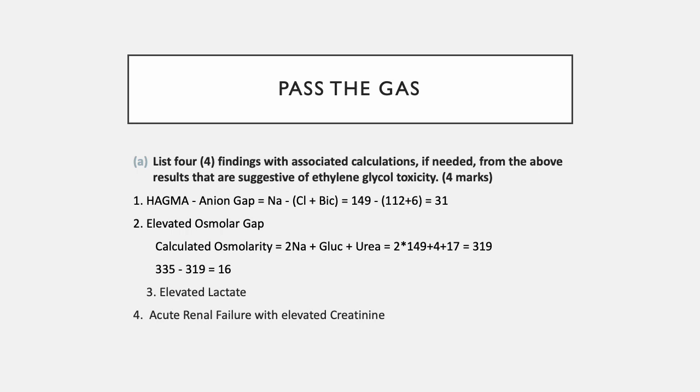So what we were looking for was a HAGMA with some calculations would be nice, and to comment on the elevated osmolar gap, and elevated lactate, and the raised creatinine with acute renal failure. These are the findings that would suggest ethylene glycol toxicity.